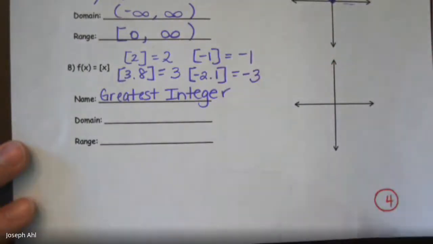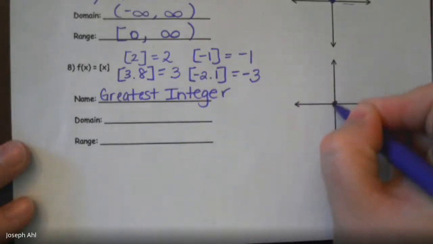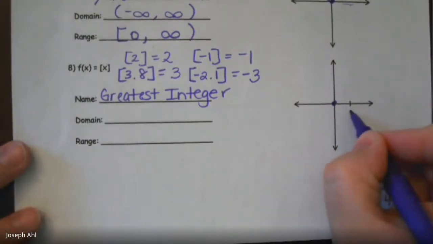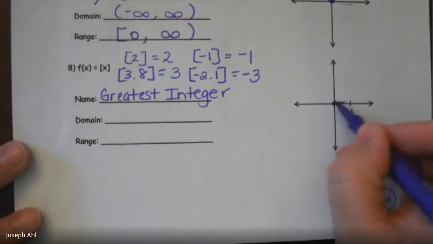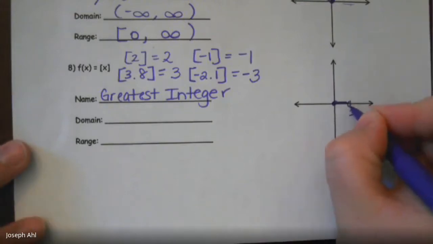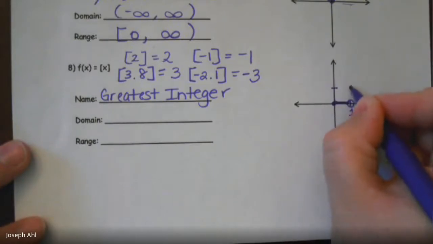So what is this graph going to even look like then? If I can only graph things such that the outputted values are integers. Well, I'll tell you, when you plug in 0, you get 0, because 0 is an integer. And anything you plug in between 0 and 1, it's going to output 0. Right? If you plug in 0.5, knocks it down to 0. 0.7 knocks it down to 0. But as soon as I get to 1, I'm going to put a closed circle there, because now when I plug in 1 for x, the output is 1.